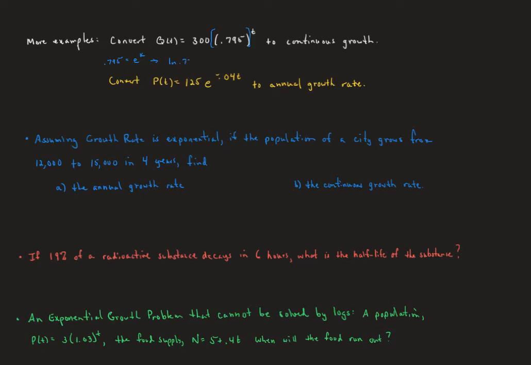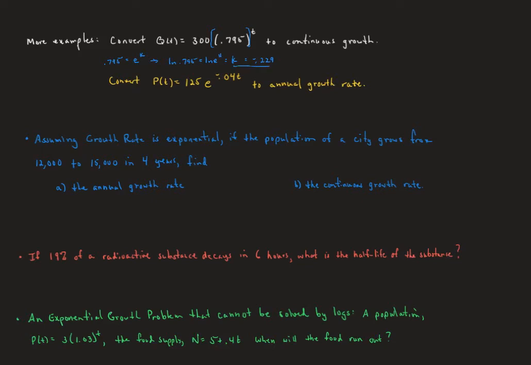So we'll do that by taking the natural log of both sides. On our calculator, if we take the natural log of 0.795, I'm getting a negative 0.229 to 3 decimal places. So there is our k.